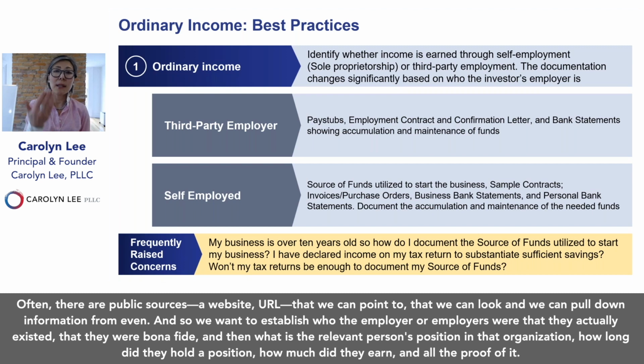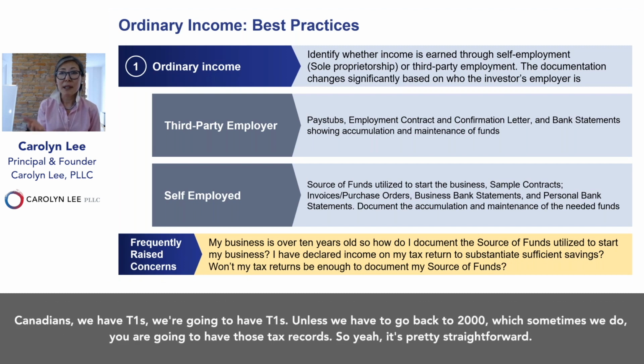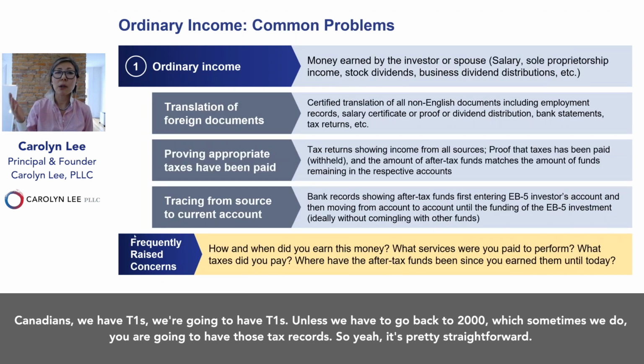And then what is the relevant person's position in that organization? How long did they hold the position? How much did they earn? And all the proof of it. For Canadians, we have T1s. Unless we have to go back to 2000, which sometimes we do, you're going to have those tax records. So it's pretty straightforward.